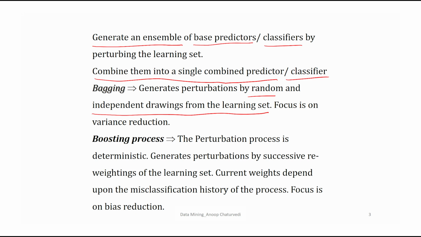We generate perturbations by successive reweighting of the learning set, and the current weights depend upon the misclassification history of the process, and then we combine the results. Basically the focus is on reducing the bias.